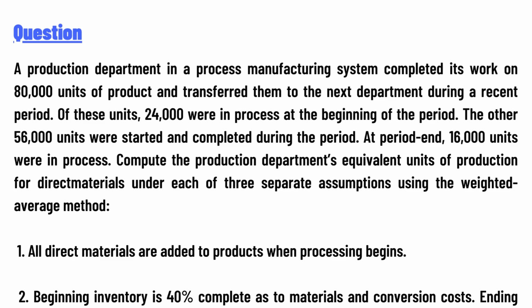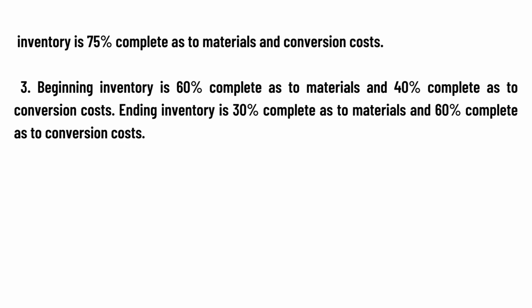Second, beginning inventory is 40% complete as to materials and conversion costs. Ending inventory is 75% complete as to materials and conversion costs. Third, beginning inventory is 60% complete as to material and 40% complete as to conversion cost. Ending inventory is 30% complete as to materials and 60% complete as to conversion cost.